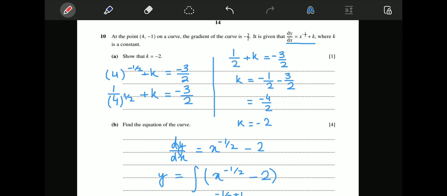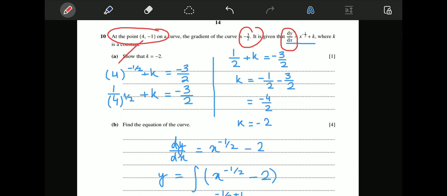See, they have given you that the gradient dy by dx is equal to minus 3 by 2. So first you are going to equate this, and also we are equating the value of the x coordinate. Why? Because at this point the gradient is equal to minus 3 by 2.